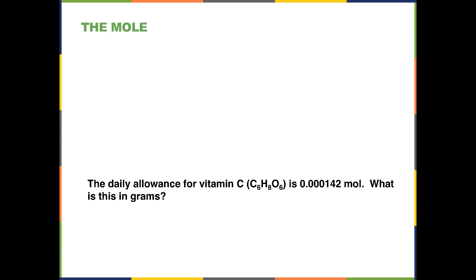Remember, the first thing you have to find is the formula mass or molecular mass for vitamin C from its formula. Then you have to multiply that by the number of moles you have, and this will tell you how many grams there are in the daily allowance for vitamin C. So stop the tape and do the calculation on a piece of paper and see what you get.